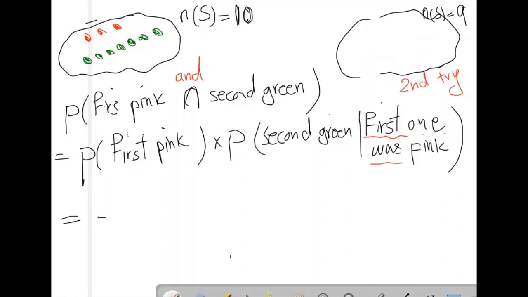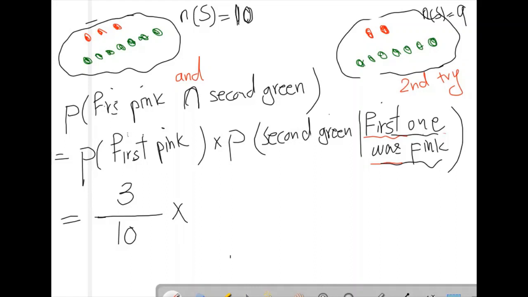So in the first try, we have 3 pink. So the first one is pink, is 3, and in total 10 candies. But for the second try, because the first one was pink, it means we have 2 pink and 7 green.